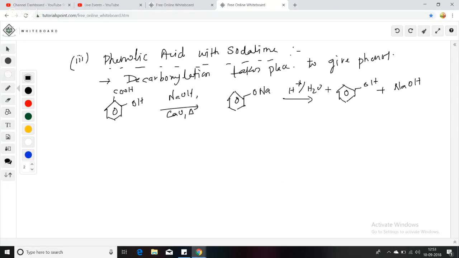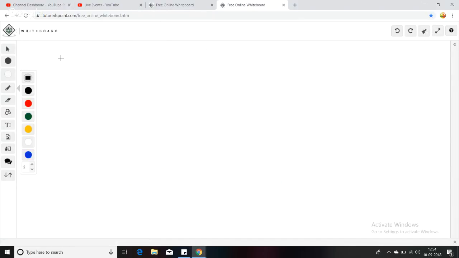Now the last one we are going to discuss is the cumene phenol process, the fourth one. In this reaction, cumene is oxidized.